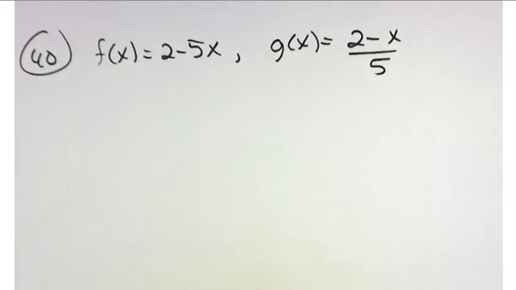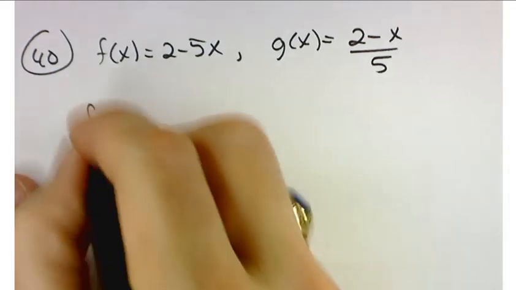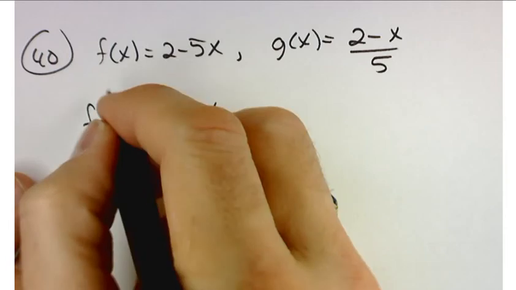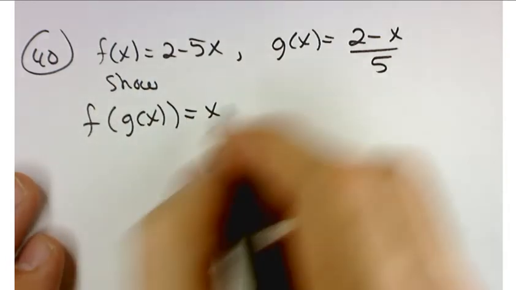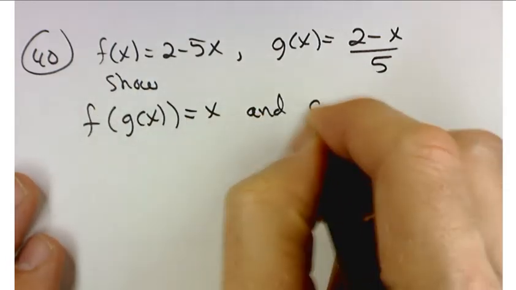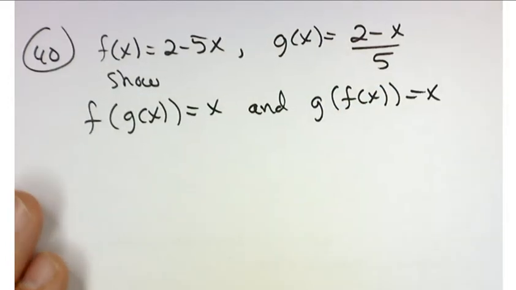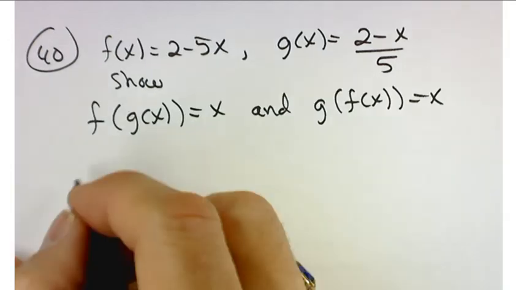What I need to verify is that f of g of x gives me x, and g of f of x gives me x. Yeah, always start from inside out. Good question.